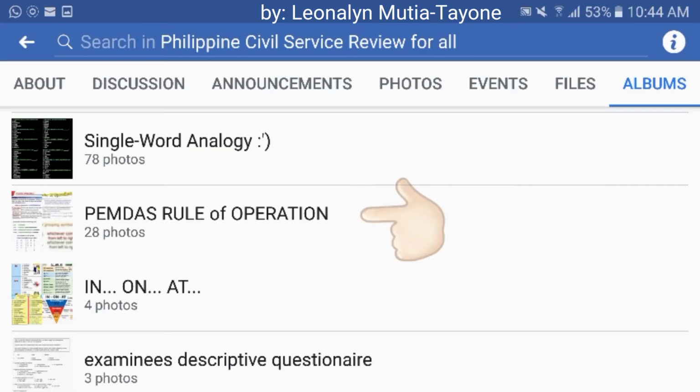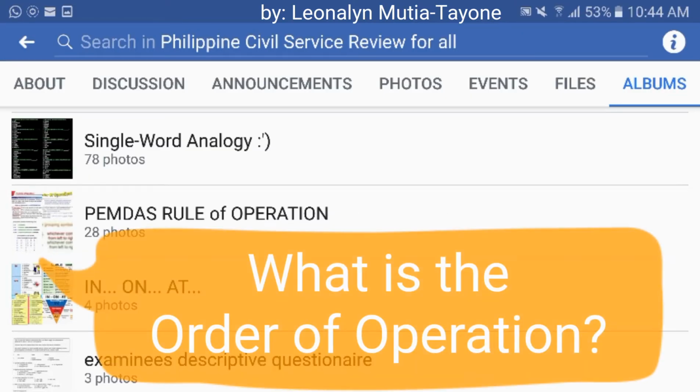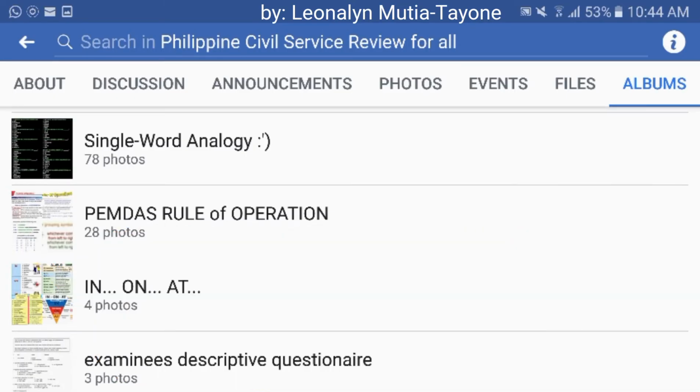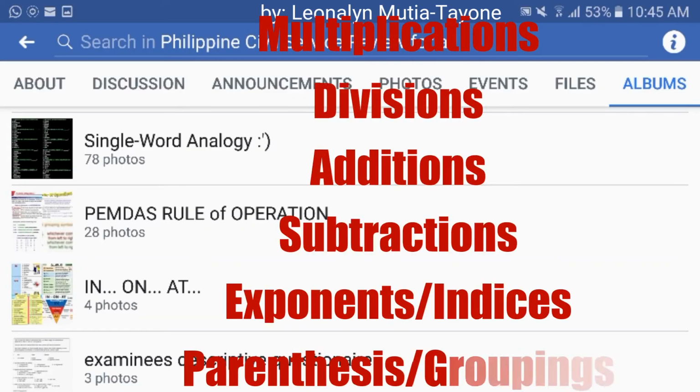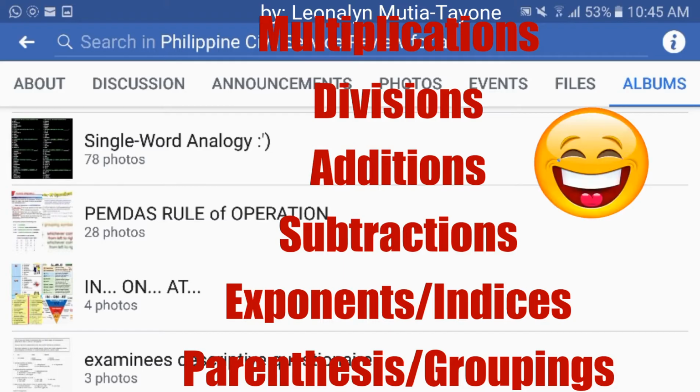What is the order of operations? To eliminate this confusion, we have some rules of precedence established, at least from what I read, since the 1500s, called the order of operations. The operations are multiplication, division, addition, subtraction, exponentials, and groupings.